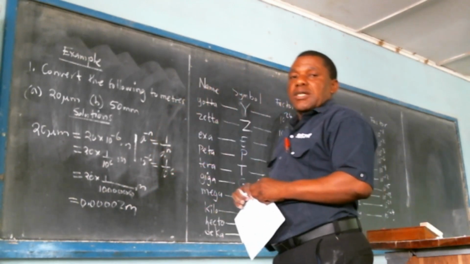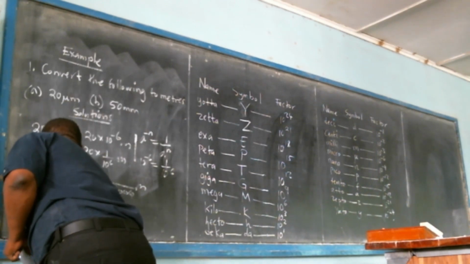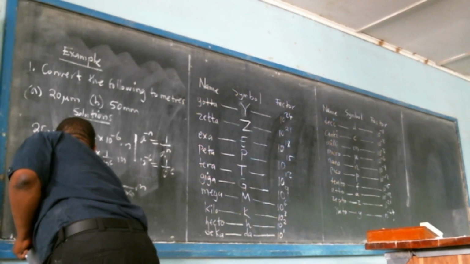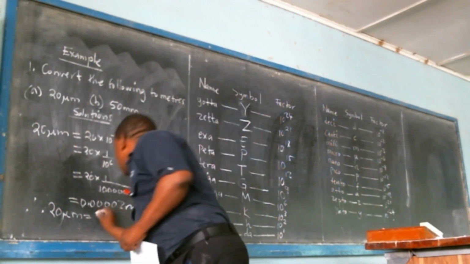Therefore, how can we rewrite this? Therefore, 20 micrometers gives us 0.